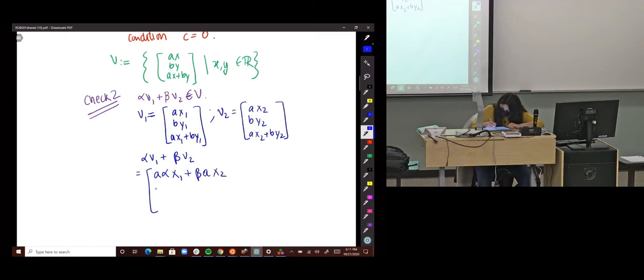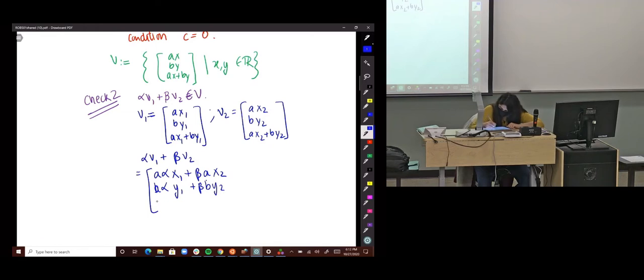This becomes b times alpha times y1 plus beta times b times y2.